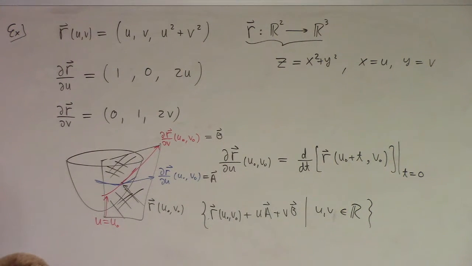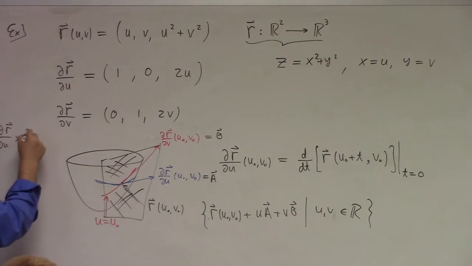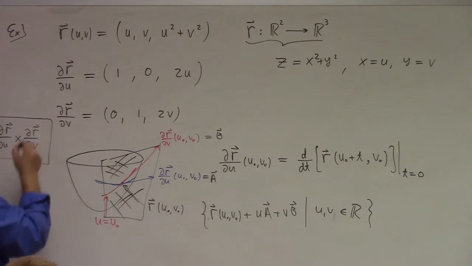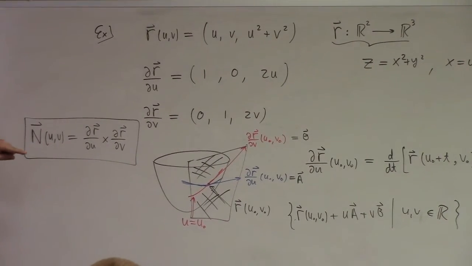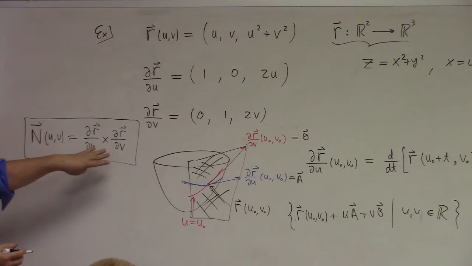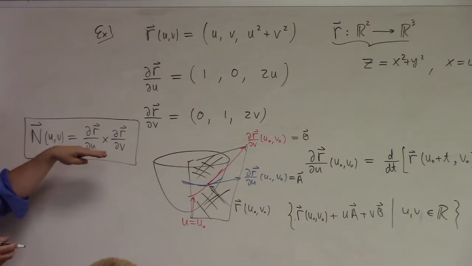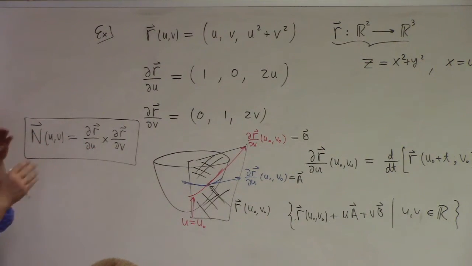You can define n of uv equals partial r partial u cross partial r partial v. And while I've just discussed how to use the normal vector field to find a normal at that specific point u naught v naught, this gives you a vector field attached to a parametric surface, which is always perpendicular to the surface.